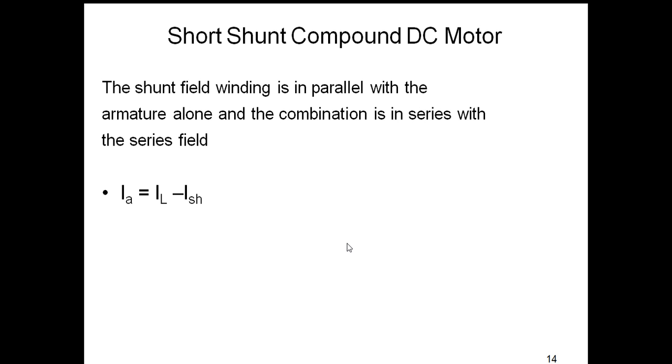The armature current can be written as IA is equal to IL minus ISH, and ISH is equal to V minus ISC RSC by RSH.